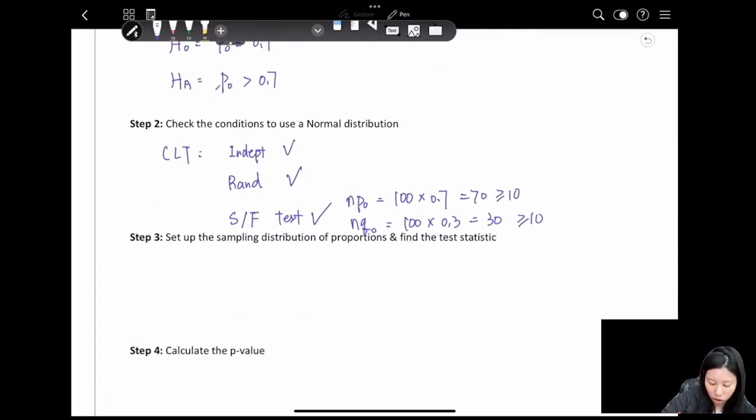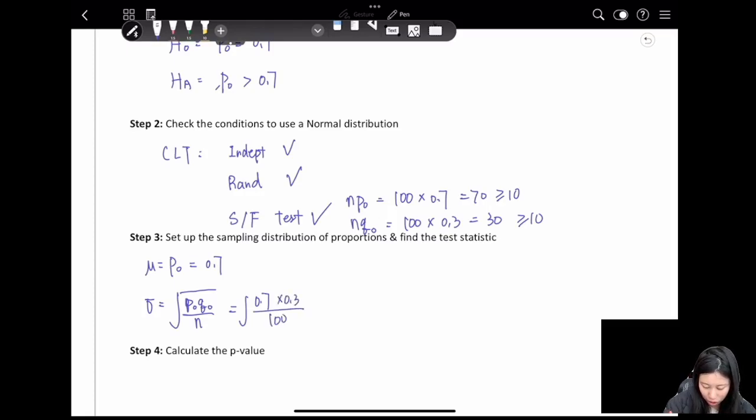Okay, so our mu is equal to p0, which is 0.7. Sigma equals the square root of p0 q0 over n, which is 0.7 times 0.3 divided by 100, equals 0.0458.